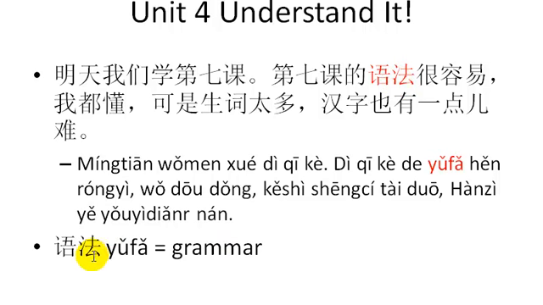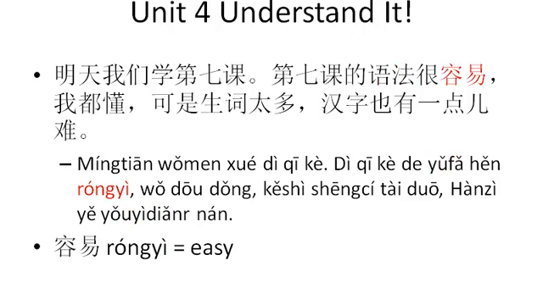And because it's two third tones, this one becomes a second tone. 语法. 语法 means grammar. 第七课的语法. 第七课的语法很容易. So what does 容易 mean, right? We have the lesson 7 grammar. Lesson 7 grammar is what? 容易. Let's see what that 容易 is. 容易 means easy. 第七课的语法很容易.